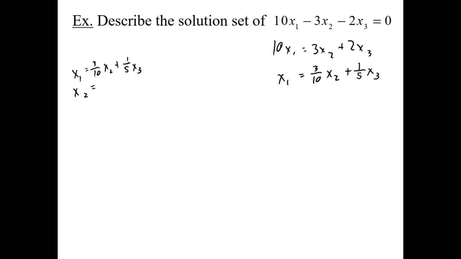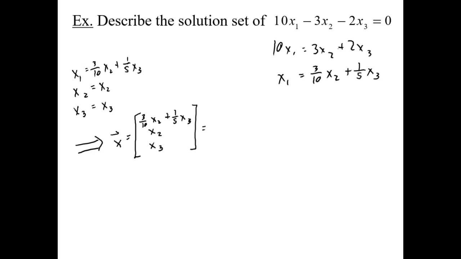But that's the only constraint we have, which means now we have two free variables. X2 can be whatever it wants, and x3 can be whatever it wants. If I then write that solution as a vector, my first component is going to be 3/10 x2 plus 1/5 x3, and then my second component is x2 and third is x3.